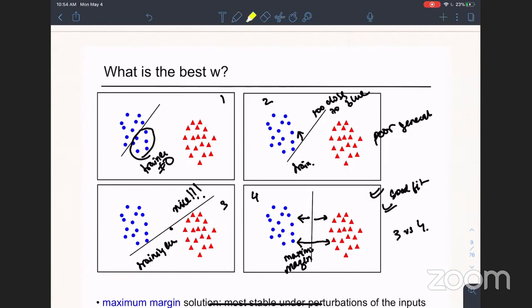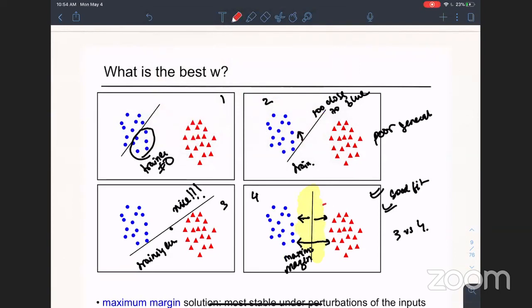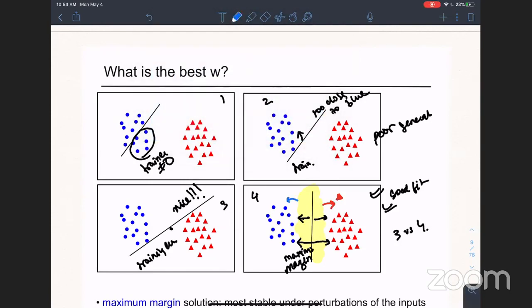So this should be my scope. So that means anything beyond this is for triangle, and anything on the left of this is now this one.